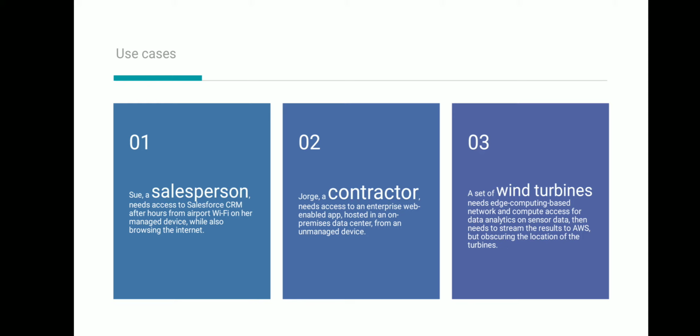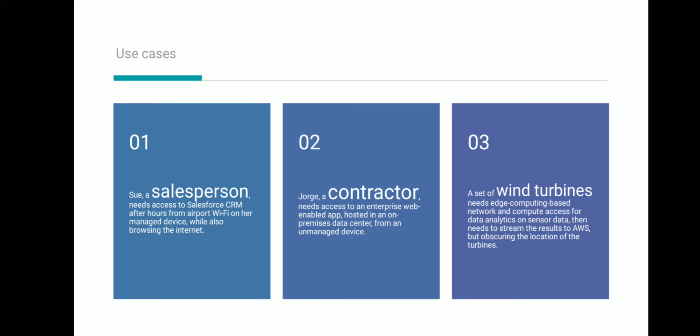Here we are talking about three different use cases. One person is a salesperson. He needs access to Salesforce CRM after hours from airport Wi-Fi on our managed device. The other is a contractor who needs access to an enterprise web enabled app hosted in an on premises data center.